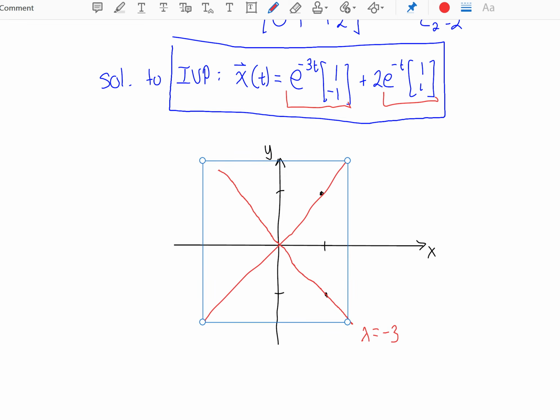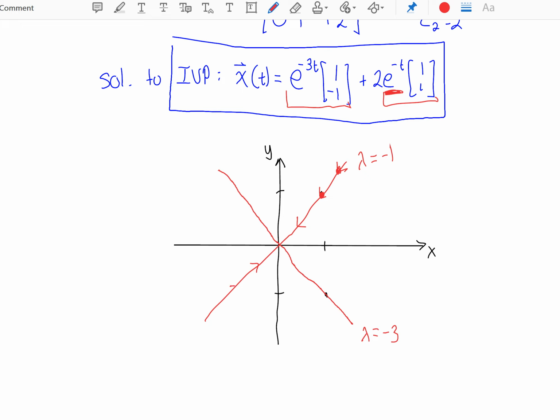It's really helpful on these to label your eigenvalues. And what you'd like to notice is that because your eigenvalues are negative, anytime that you have a solution or an initial condition that starts on this line, solutions will always move towards the origin. They'll shrink over time.